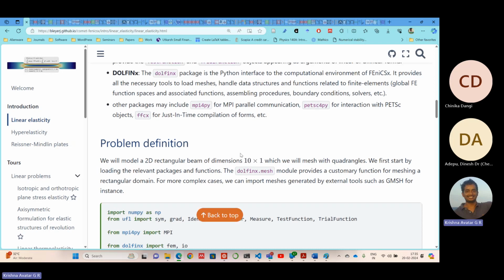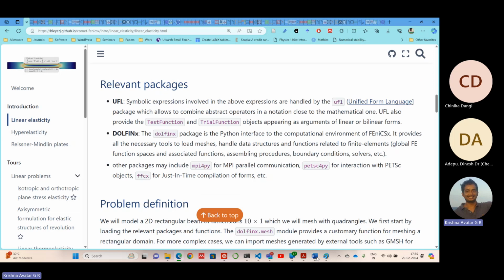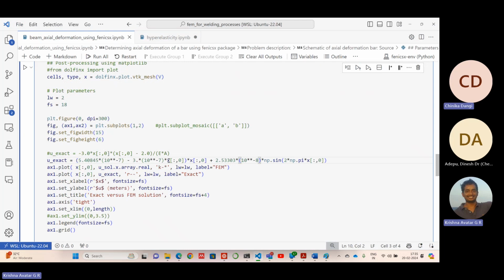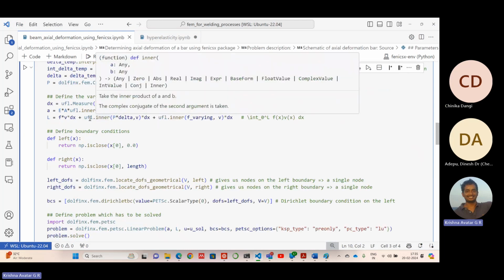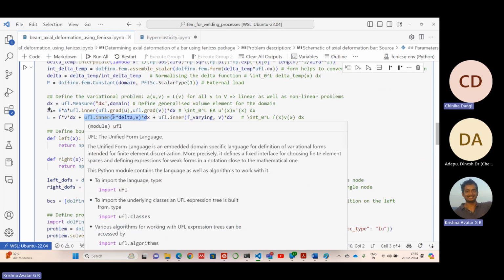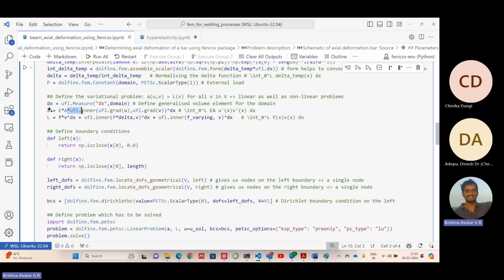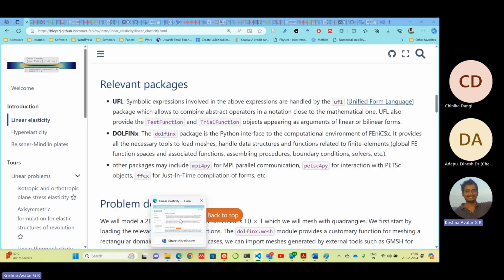So when we describe any expression, like the way we have described the expression here in the code, the inner product and all that, the software does not know how to deal with it beforehand. So it will do just-in-time compilation, which means it will convey this to the C++ backend and compile that particular part to actually solve the problem.